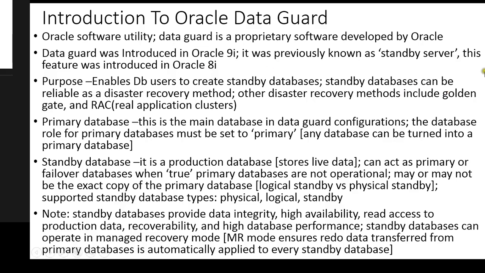In terms of the terminology, you have a primary database. The primary database, as I was just telling you, is the production database. This is the main database in your data configuration. You know that you have a primary database because it's assigned the database role of primary.